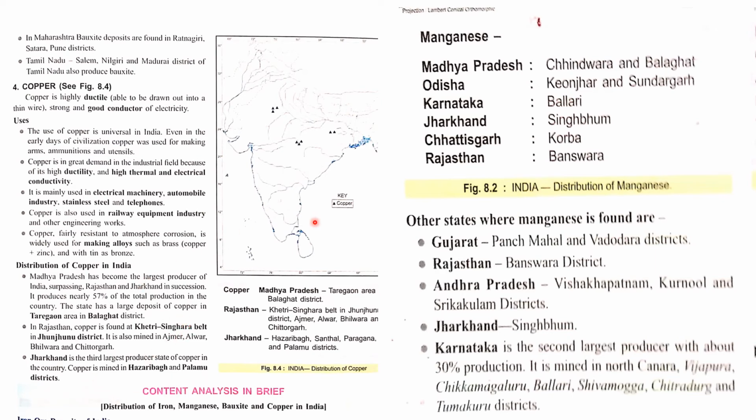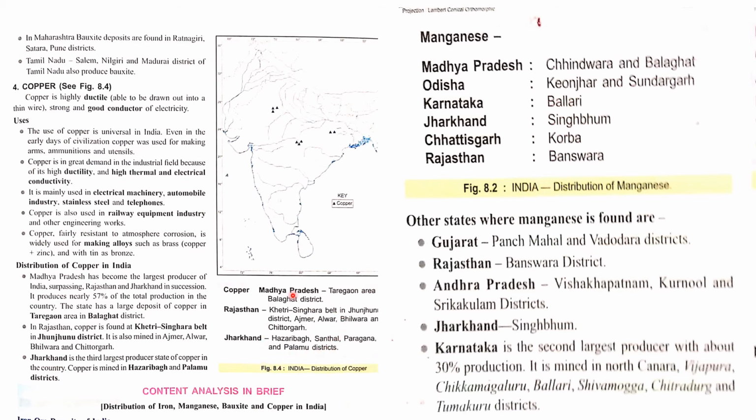So here the other states for manganese are given, and copper also. The other places like Madhya Pradesh, Balaghat district, in Khetri, Singhana belt, in Singhbhum, in Jhunjhunu district, Ajmer, Alwar, Bhilwara and Chittorgarh, Jharkhand, Hazaribagh, Santhal Pargana and Palamu district.